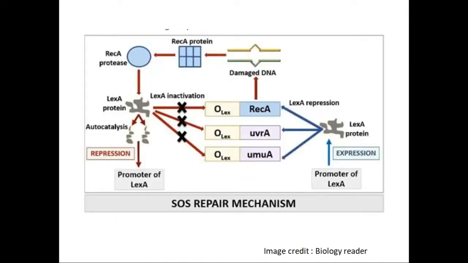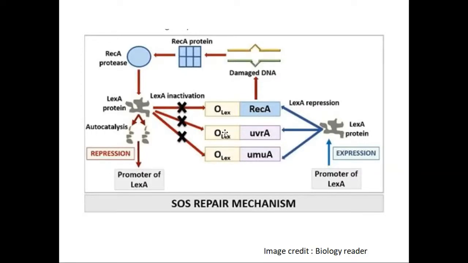Now just have a look at this slide. It's a repetition of what we said earlier, but you can see you have your damaged DNA. RecA is forming, RecA acts as a protease, and LexA is lysed. Usually, if LexA protein is there, it will inactivate various genes.